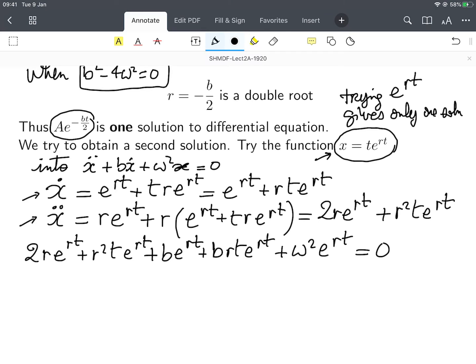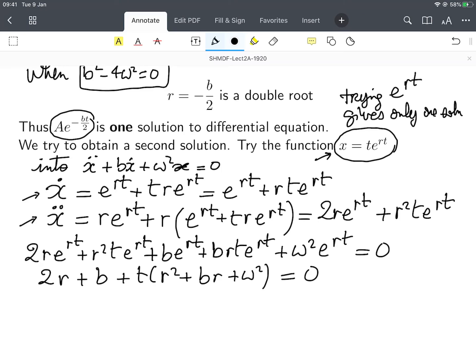I can see I have ERT all across, so I can divide by this just to tidy up a bit. So I'm going to have constant terms, 2r plus b, and then I'm going to have terms in t, r squared plus br equals 0. Is that possible?